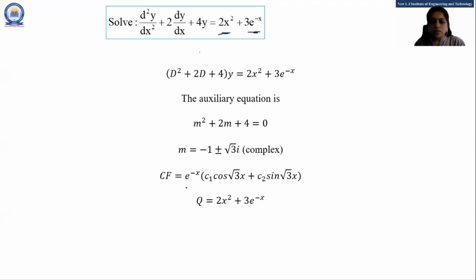Our complementary function is e raised to minus x into c1 cos root 3x plus c2 sine root 3x. Right? So what is the CF? Final CF is c1 e raised to minus x cos root 3x and c2 e raised to minus x sine root 3x.